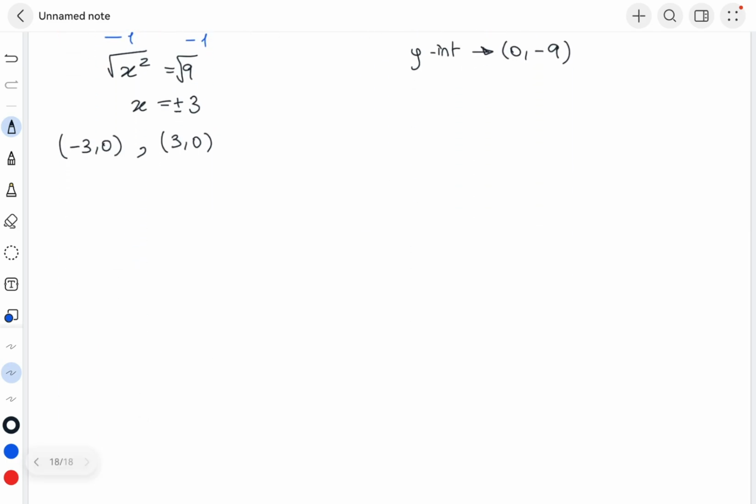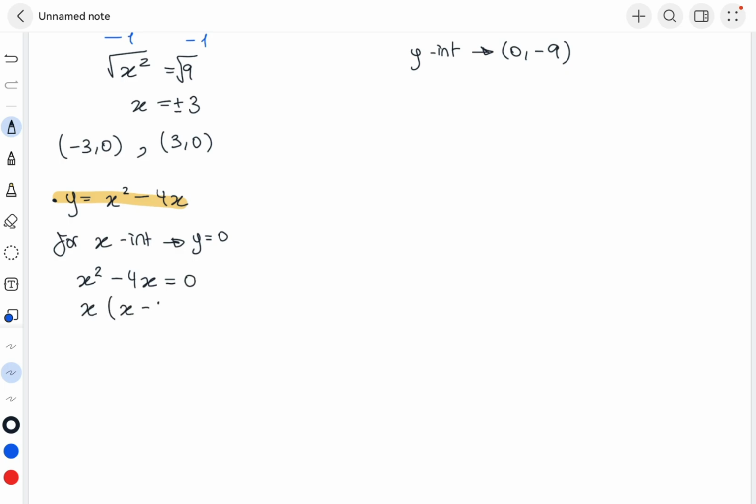What if we had something like y equal to x squared minus 4x? Here, for the x-intercept, we need to equate y equal to 0, which means we'll have x squared minus 4x equal to 0. We can take x as a common factor.